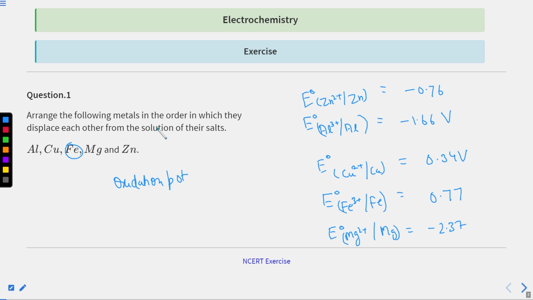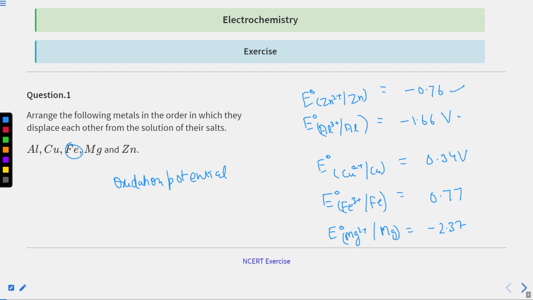It is written, arrange the following metals in the order. It is not mentioned increasing or decreasing. So I am writing it in the way of increasing order. The one with the least reduction potential will have the greatest oxidation potential. So which is having the least value of reduction potential?